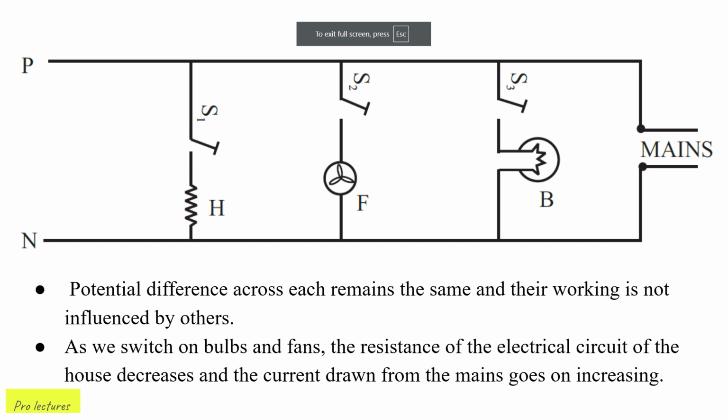This is why most electrical appliances in our homes like lamps, fans and heaters are connected in parallel. This way, each appliance gets the full 220 volt supply and the current flowing through each appliance is independent of others. As more devices are added, the overall resistance of the circuit decreases and more current is drawn from the main supply. Let us now look at some examples.